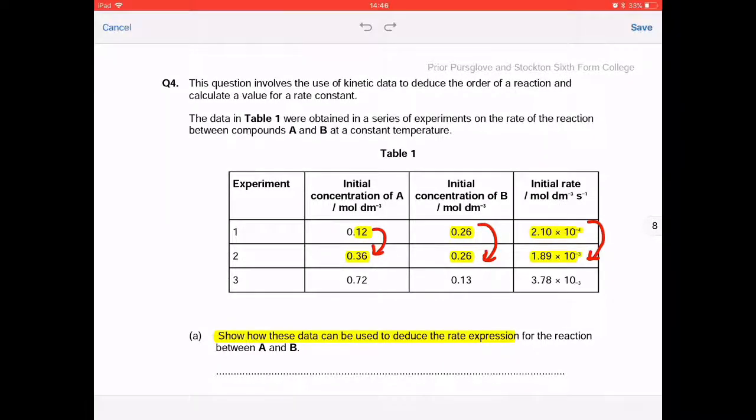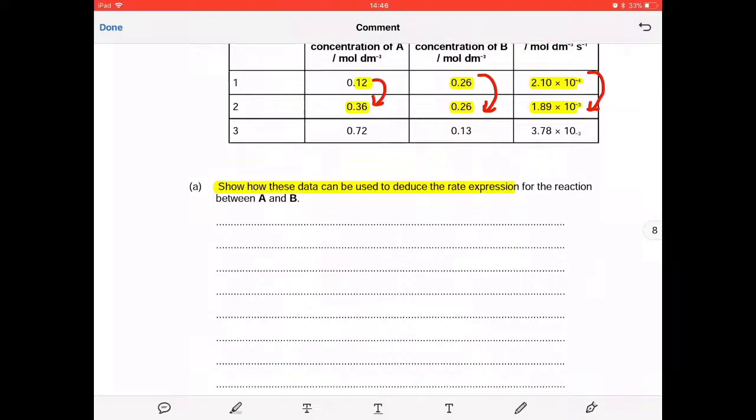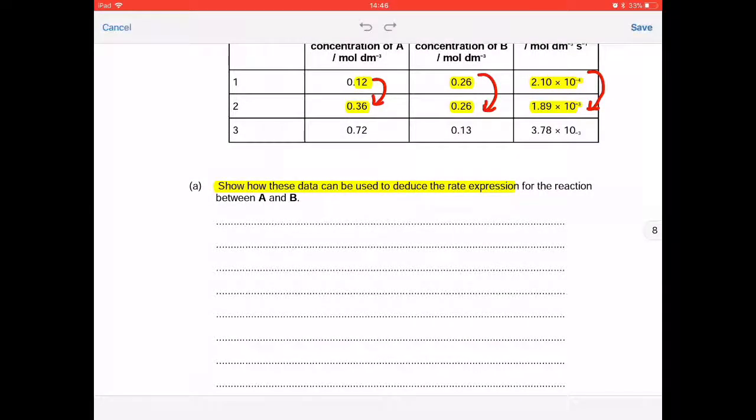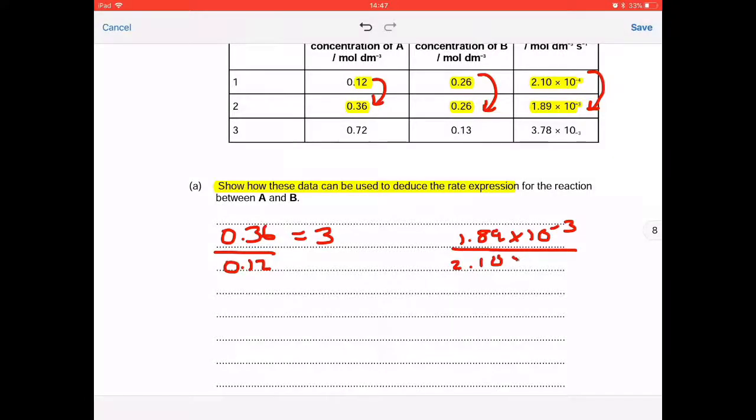So, first thing is working out how much the rate has been changed and how much the concentration has been changed. So, to do that, 0.36 divided by 0.12 will tell us the change in concentration of A, which is 3, and then 1.89 times 10 to the minus 3 over 2.10 times 10 to the minus 4 tells us that the rate has changed by a factor of 9.